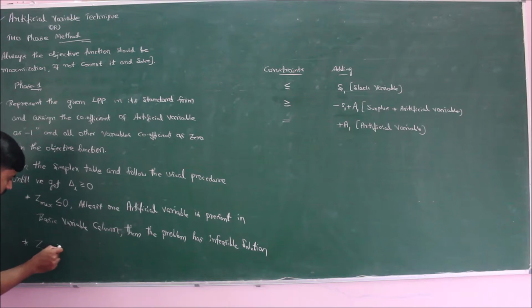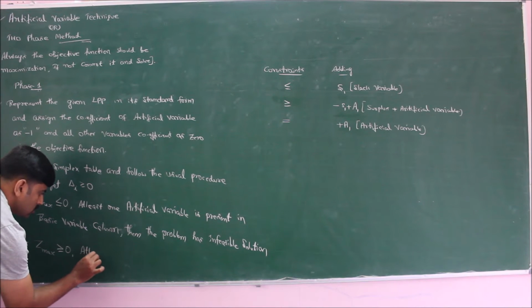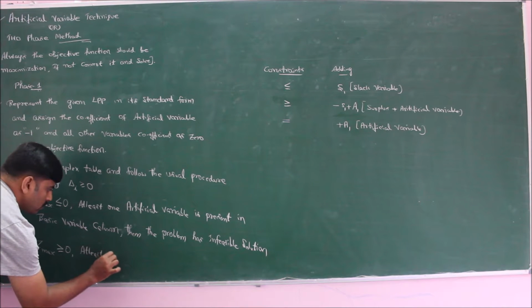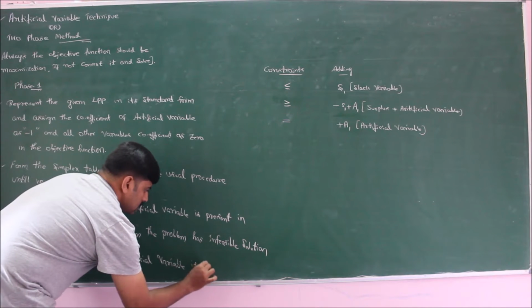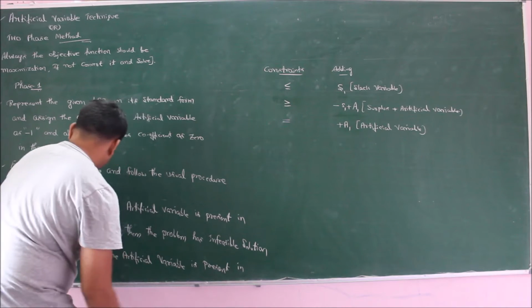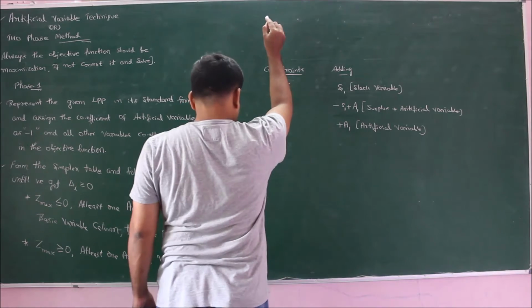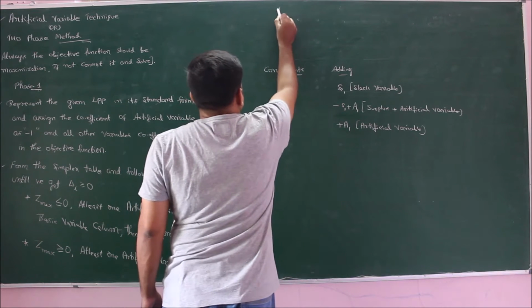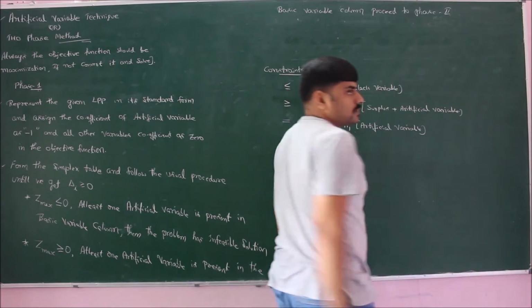If I have the value as Zmax greater than or equal to 0 and at least one artificial variable is present in the basic variable column, proceed to phase 2.